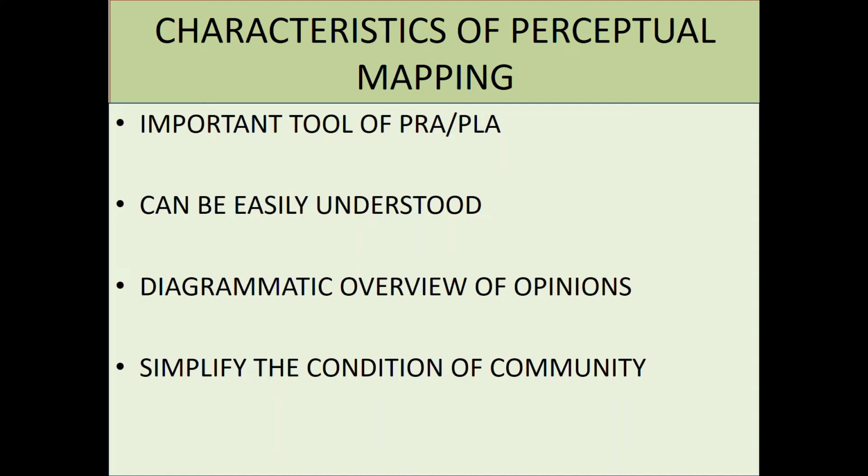So these are some characteristics: it is an important tool of PRA and PLA, it can be easily understood, it gives a diagrammatic overview of opinions, and lastly it simplifies the condition of the community. So it presents what the community actually has.